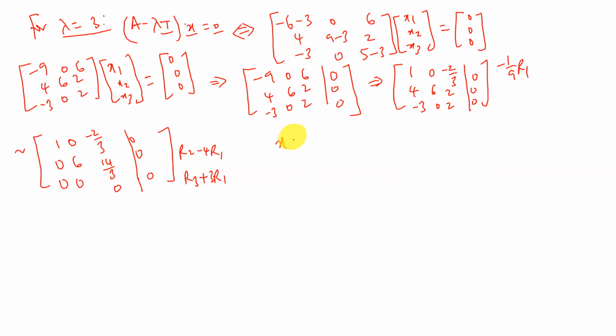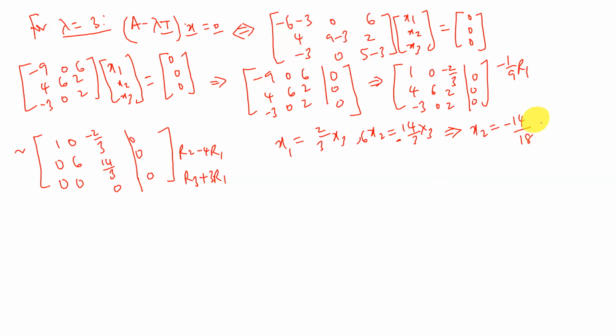x1 is 2 over 3 x3. For x2, 6 x2 is 14 over 3 minus 40 over 3 x3, which means x2 is minus 14 over 18.